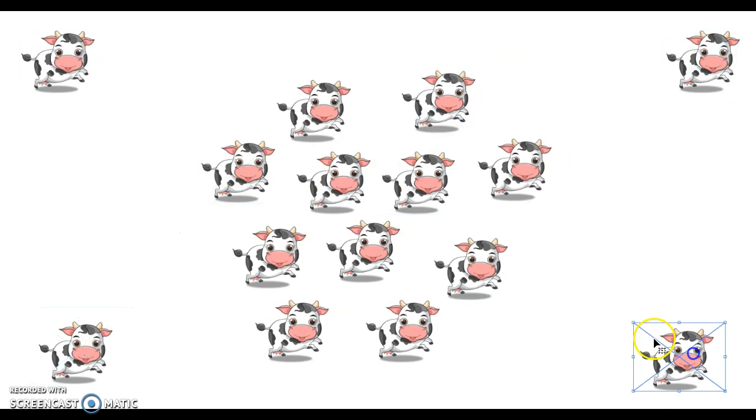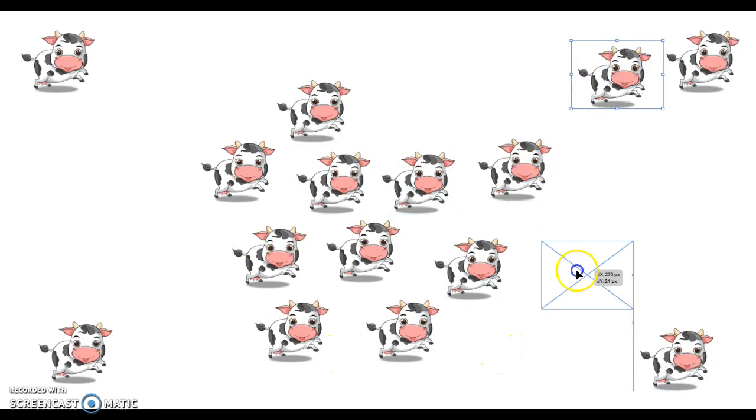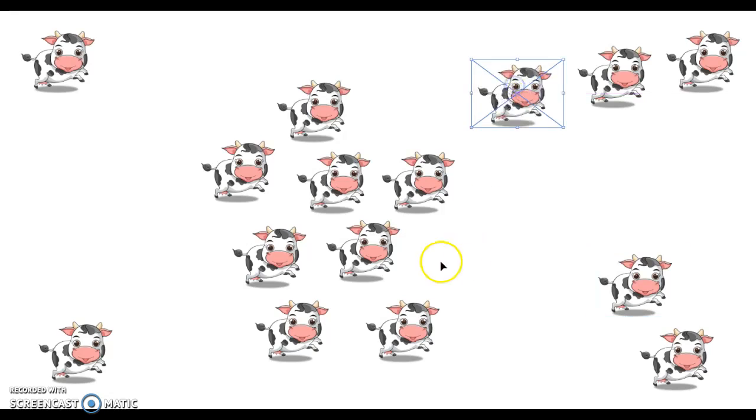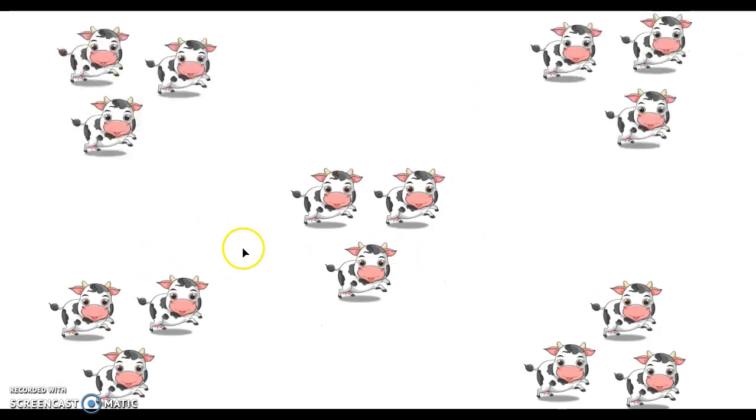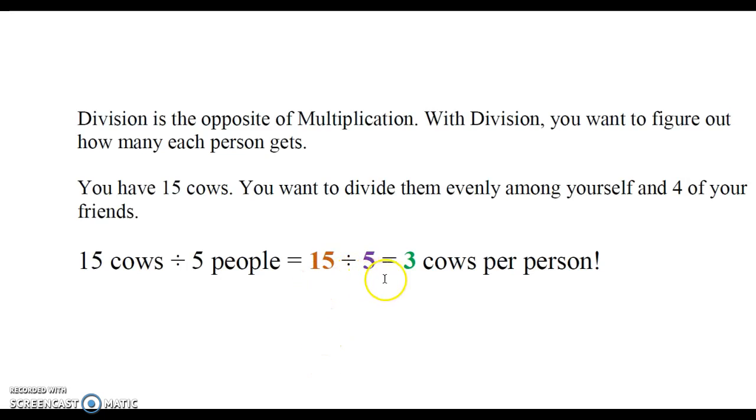And you can go kind of 1 at a time and make sure that each person has 1, and then go back and make sure each person has 2, and then make sure each person has 3. But it just takes a little longer, right? So division was this thing that we created to make this super quick. And so we instantly know if you have 15 things and you want to divide it into 5 groups that are equal, you're going to get 3 things in each of those groups.